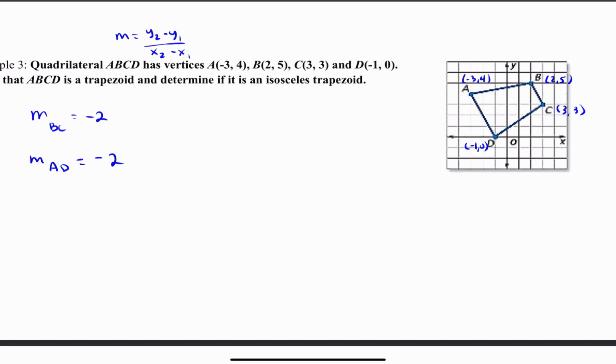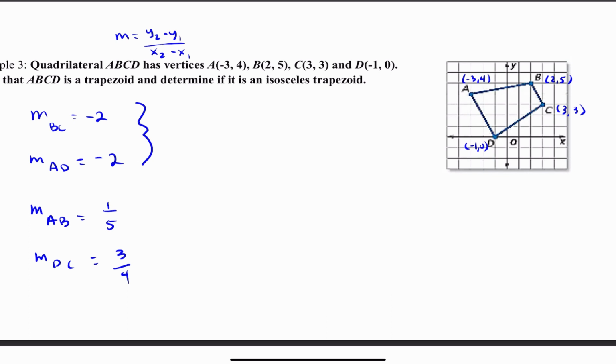So let's find the slope of AB. If I find the slope of AB, that's going to give me 1 over 5. And the slope of this one right here, which is DC, is going to be 3 over 4, okay? So, great. Again, let me recap.